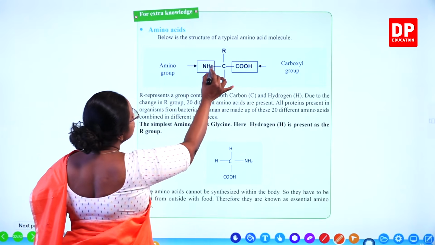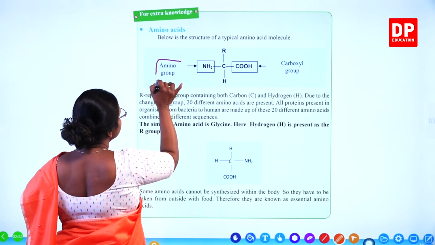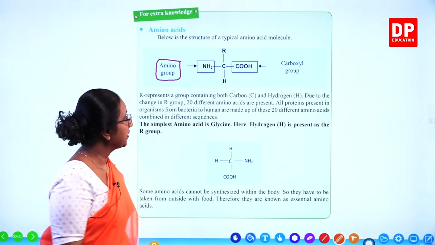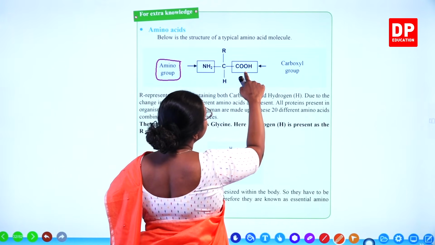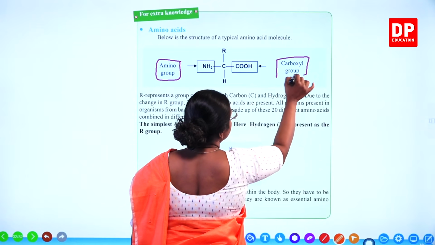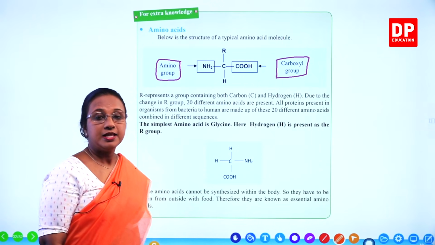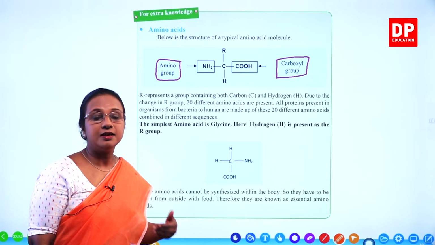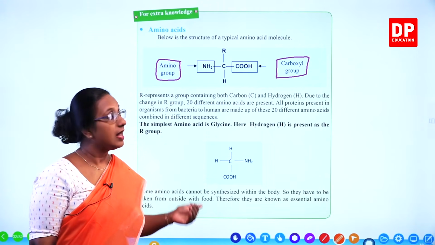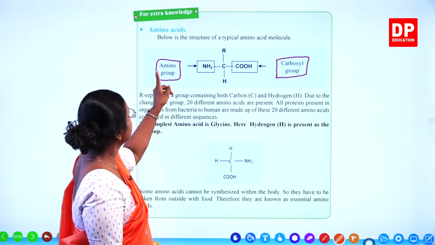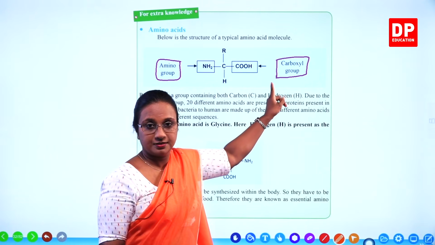The NH2 group is called the amine or amino group. And the COOH group is known as the carboxyl group. This comes from the carboxylic acid type of acids. Therefore, this whole molecule is known as an amino acid.